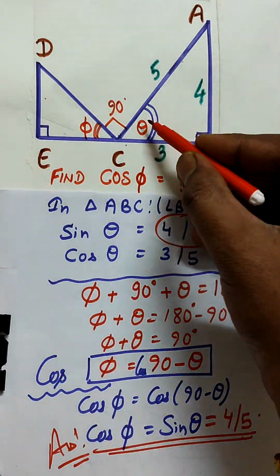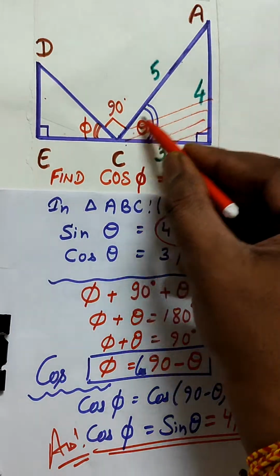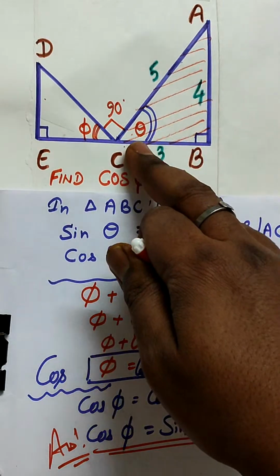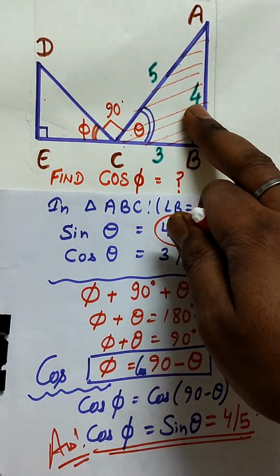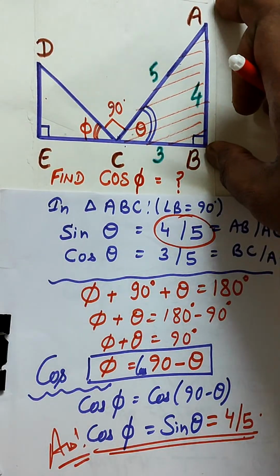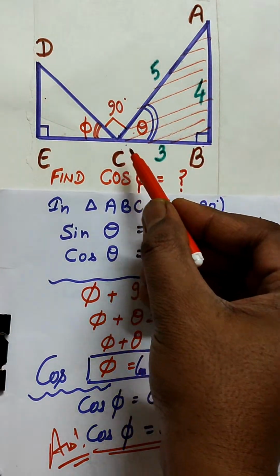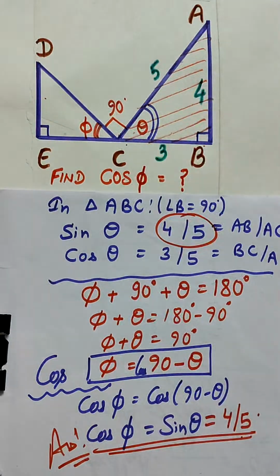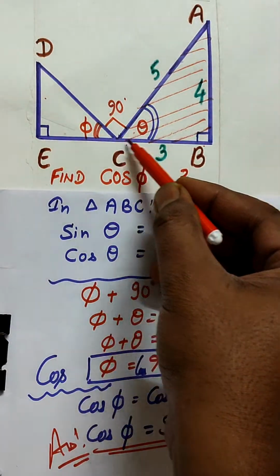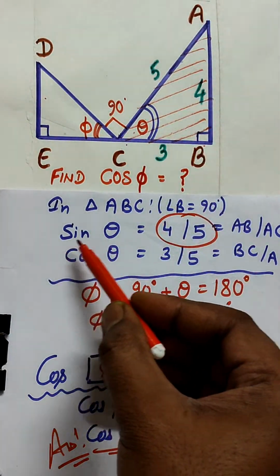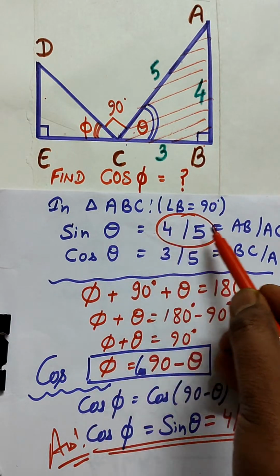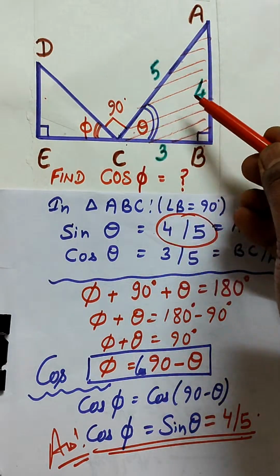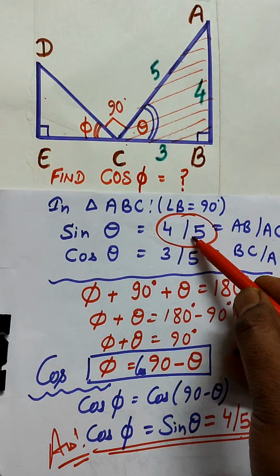That means we have used these triangle values and the trigonometrical ratios for theta, the angle opposite to which is AB, the perpendicular, with BC the base and AC the hypotenuse. In the shaded triangle ABC, sine theta is equal to AB by AC, so 4 by 5 is the value of sine theta.